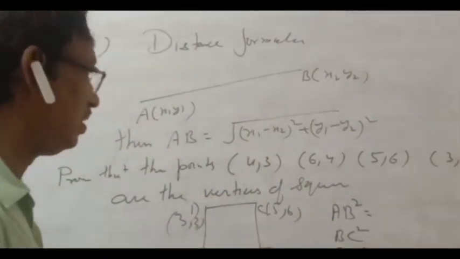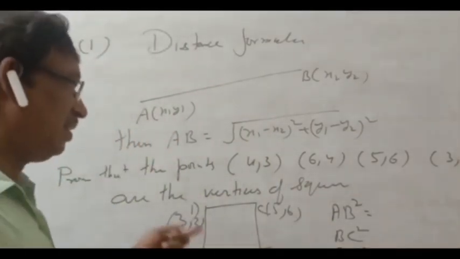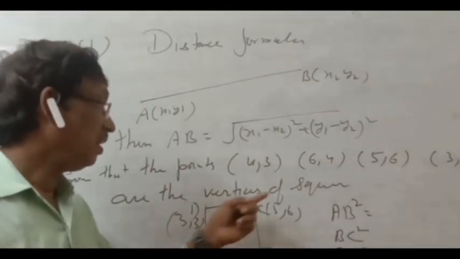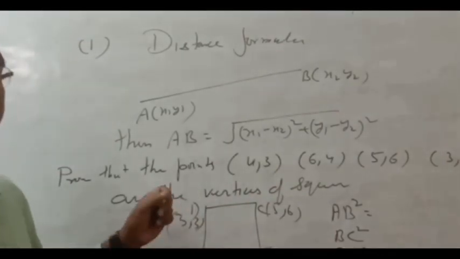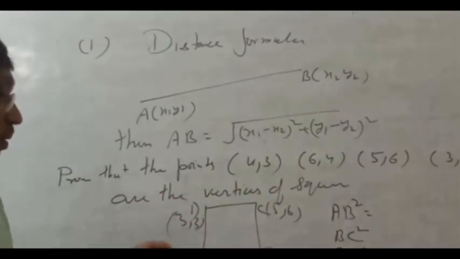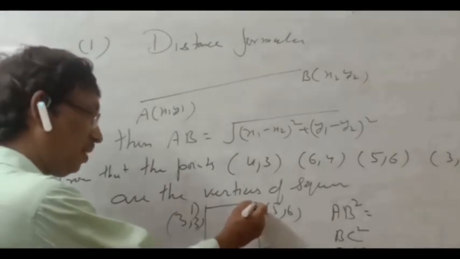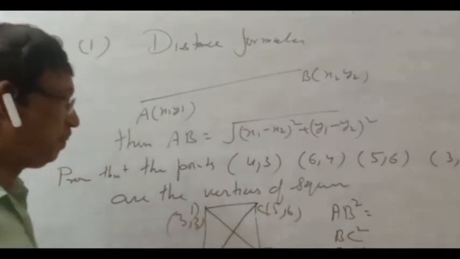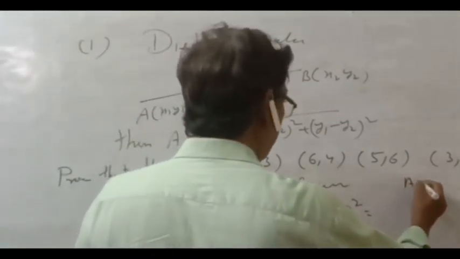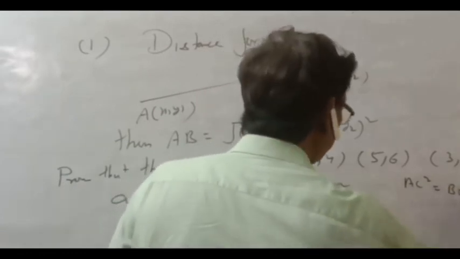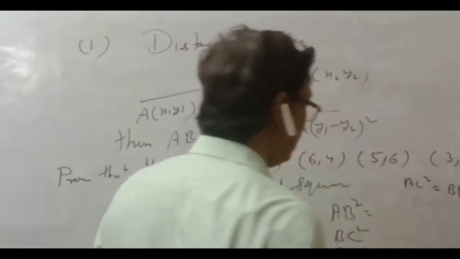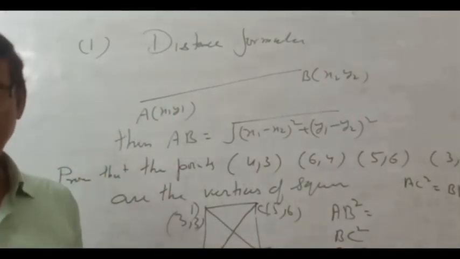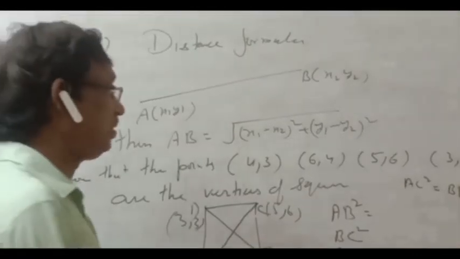If all are equal, then it is either a square or a rhombus, because in a square all angles are right angles. So we also have to take the diagonals AC and BD. If AC square is equal to BD square, then it is a square. If not equal, then it is a rhombus. You can easily find this.